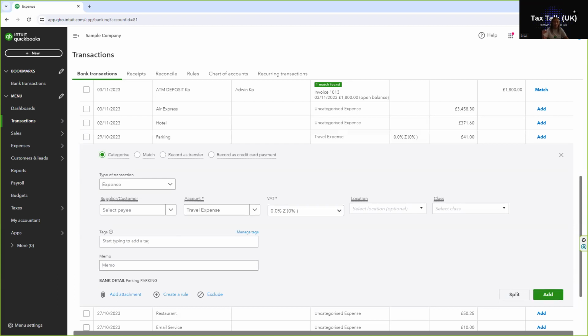On the other hand, you may find all bills need to be entered. And it doesn't matter, because as you can see, as long as you are categorizing the transaction correctly, either at the point that you enter the bill or the point that you enter the expense, that is going to put the item in your profit and loss.